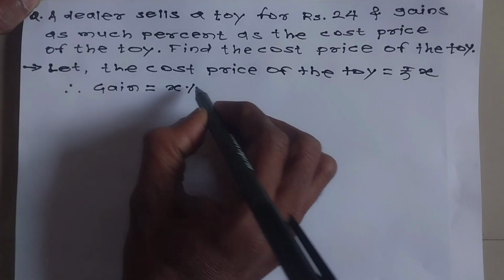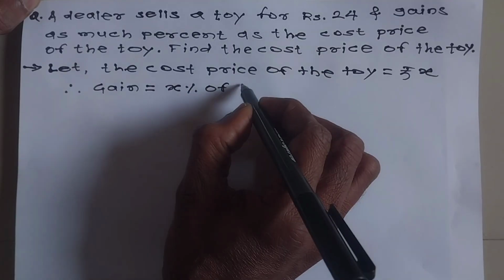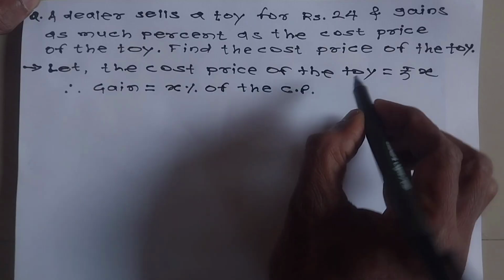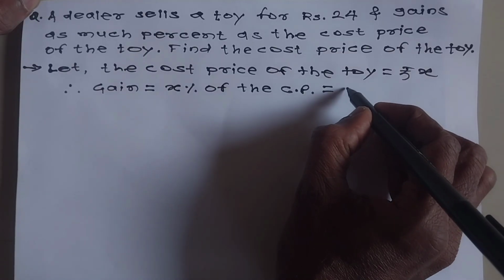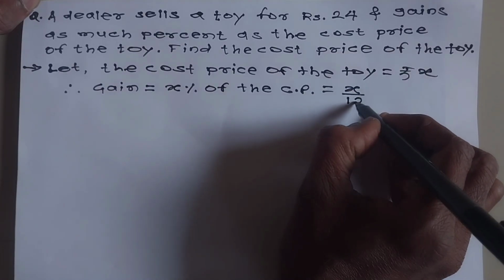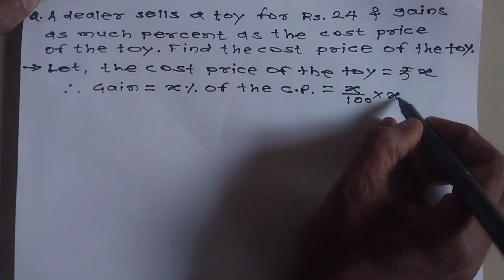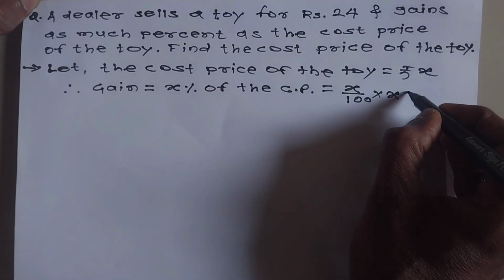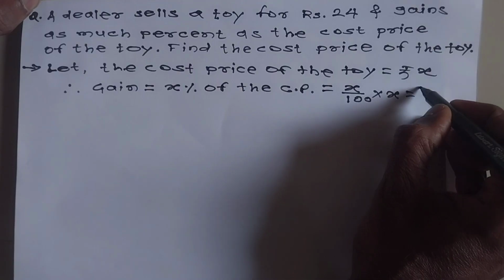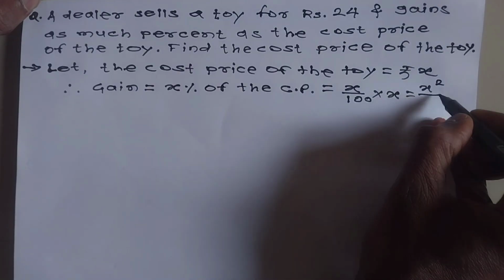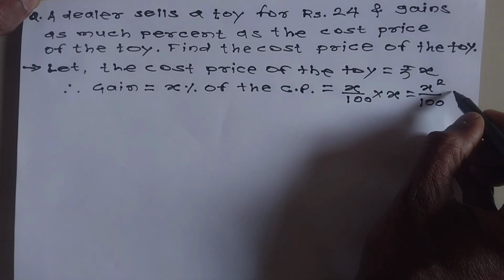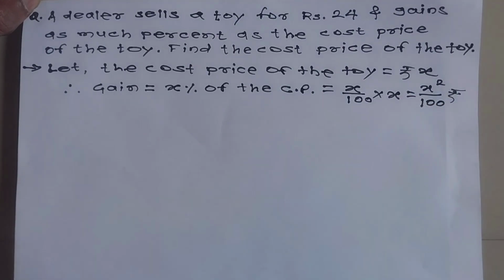So x percent of the cost price means x upon 100 into x. Therefore, x into x, x square upon 100. This is the gain in rupees.